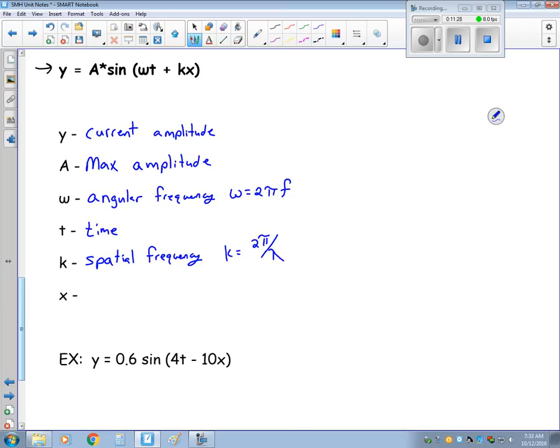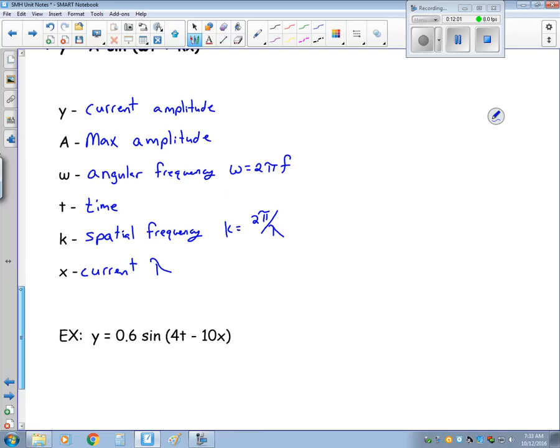So you can think of, if angular frequency is how many wavelengths happen per second, spatial frequency is like how many wavelengths happen per meter instead of per second. X is going to be your current position on the x-axis. So you can kind of think of it like your current wavelength, if you want to think of it that way.